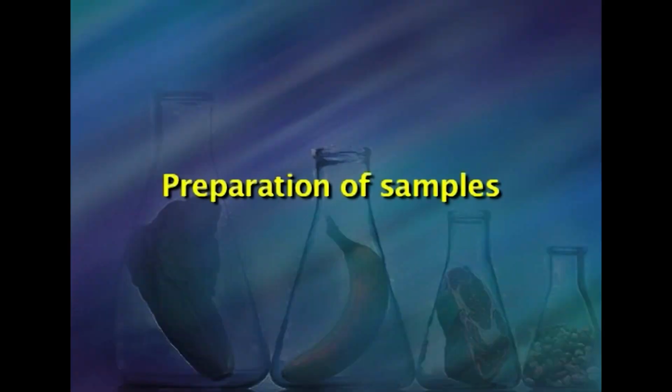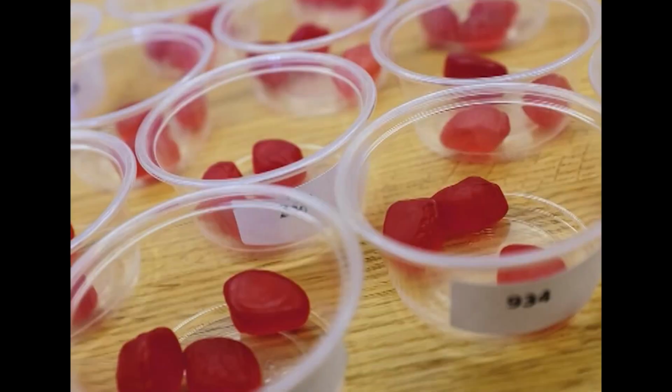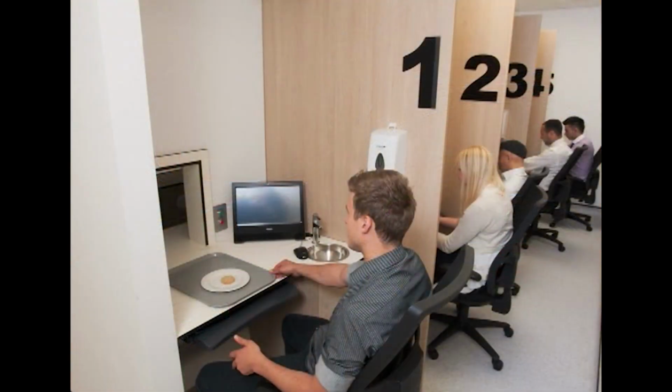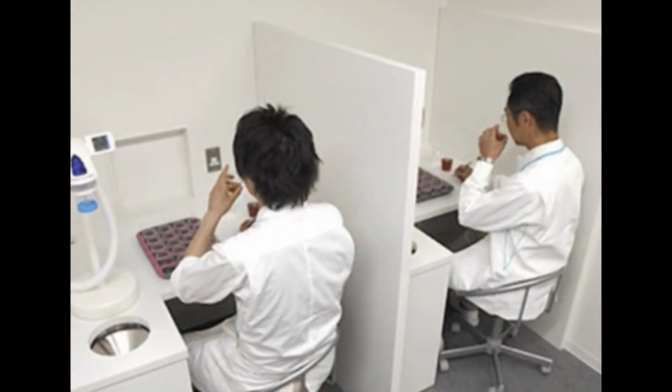Now we will see about the preparation of the samples. Samples for presentation must be from a homogeneous lot. Careful sampling of the food is necessary for sensory evaluation. Samples to be tested should be prepared by identical methods. All samples should be at the same temperature, optimum level and kept constant during the test.